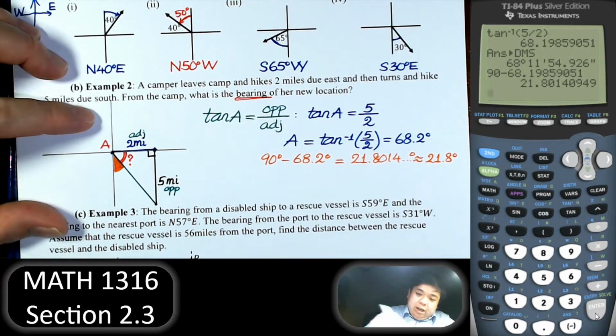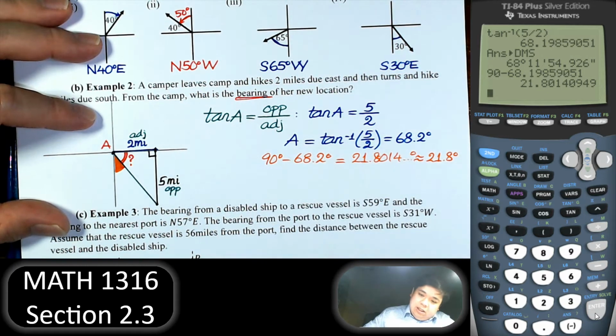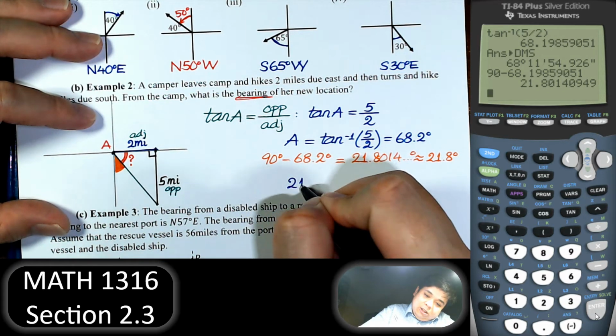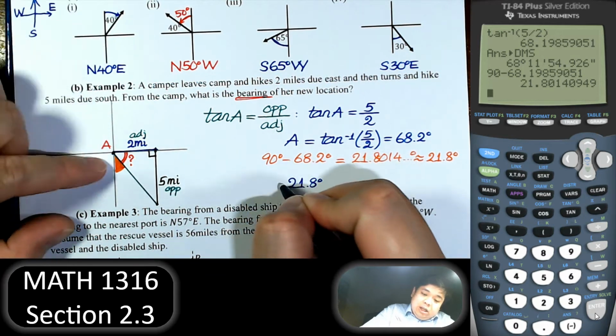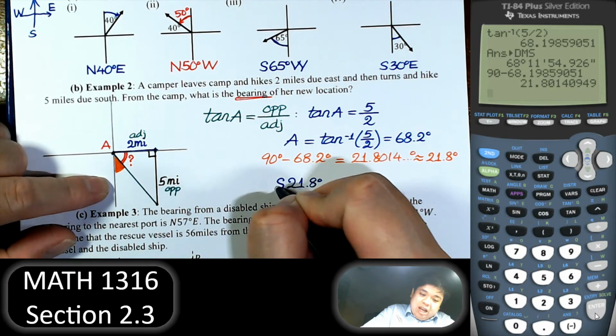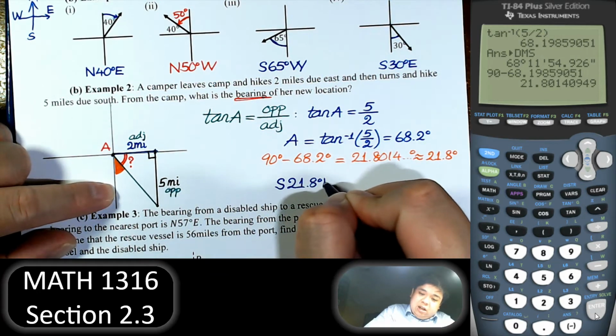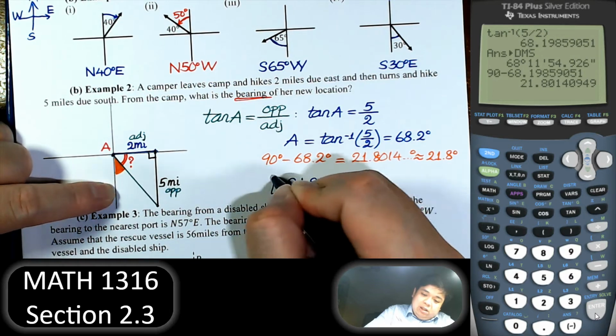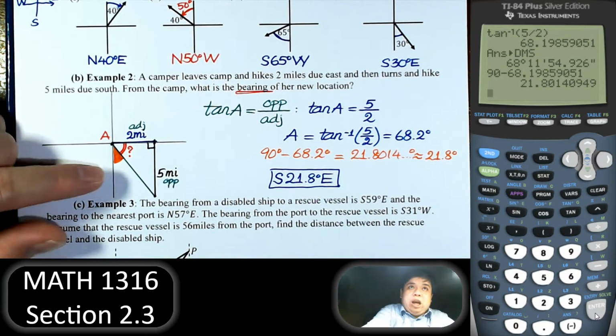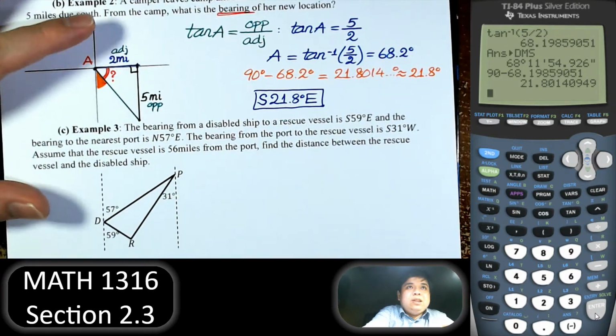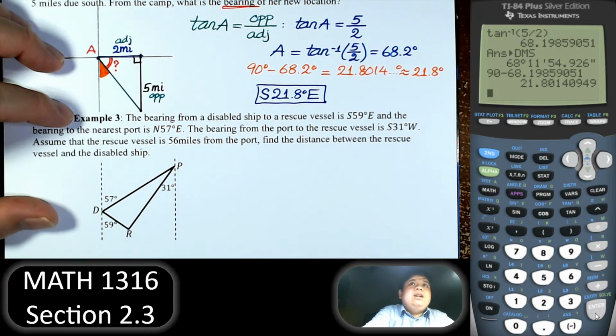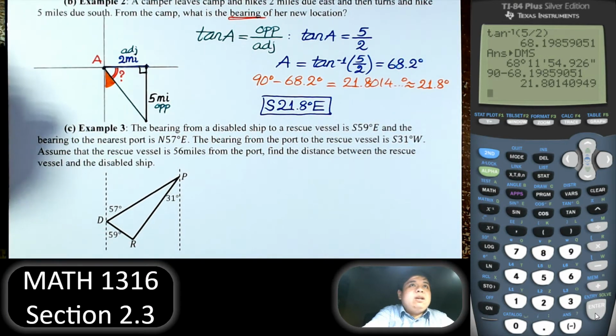So the bearing is 21.8 degrees with respect to the south on the east side. This is the bearing of the new location. That's simple enough.